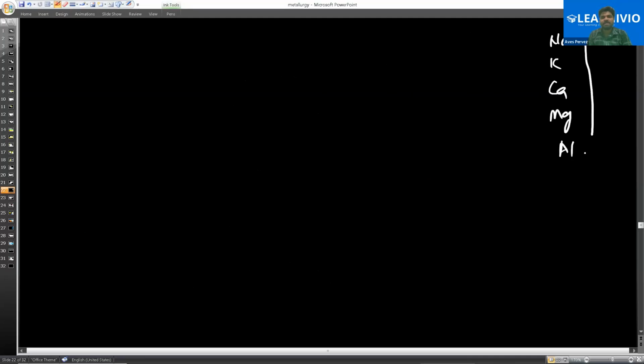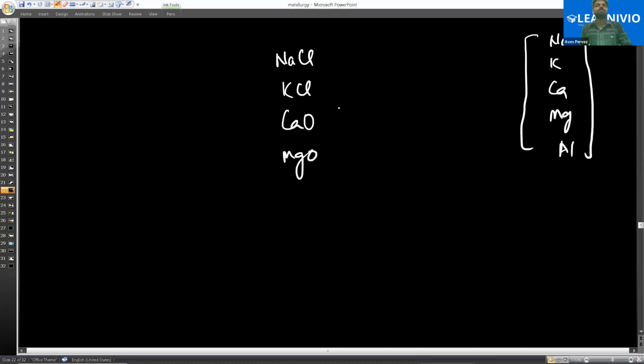These metals come under the category of highly reactive metals. Sodium is found in the form of sodium chloride, potassium in the form of potassium chloride, calcium in the form of calcium oxide. Initially it is in the form of calcium carbonate, but we convert it into calcium oxide. Magnesium is found in the form of magnesium oxide, and aluminum in the form of Al2O3.